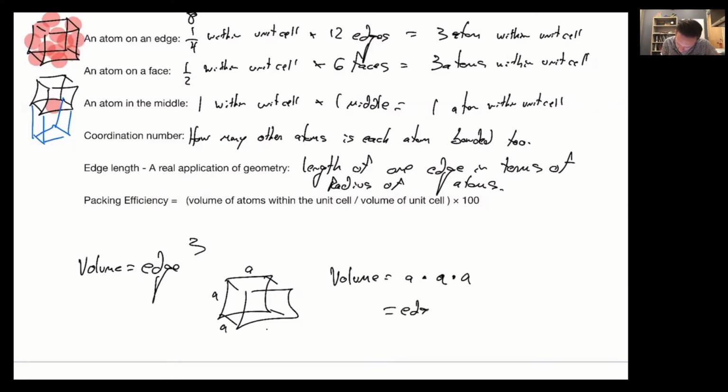So the edge cubed, we're going to use that here in a second. And then finally, packing efficiency is the volume of atoms within the unit cell divided by the volume of the unit cell, times 100.